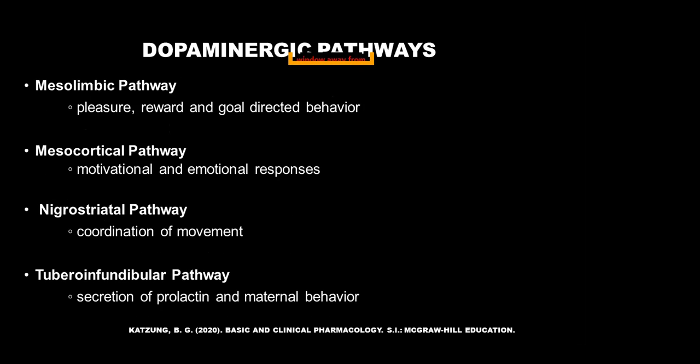Next, please. So the dopaminergic signaling is implicated in the cognition, memory, pleasure, reward, addiction, pain, fine motor control, modulation, and neuroendocrine pathways and learning. And these are achieved through the following dopaminergic pathways. Next, please.